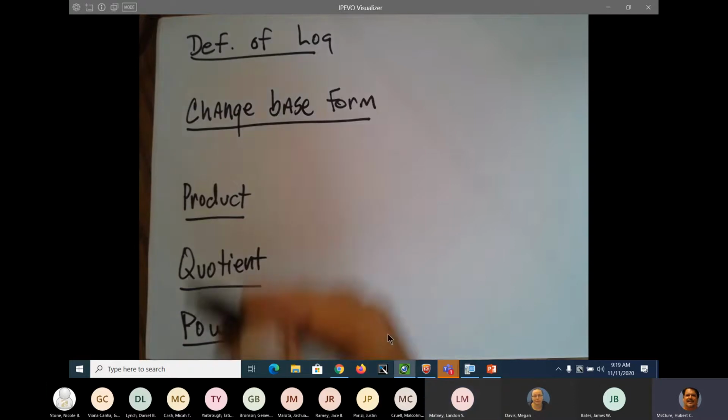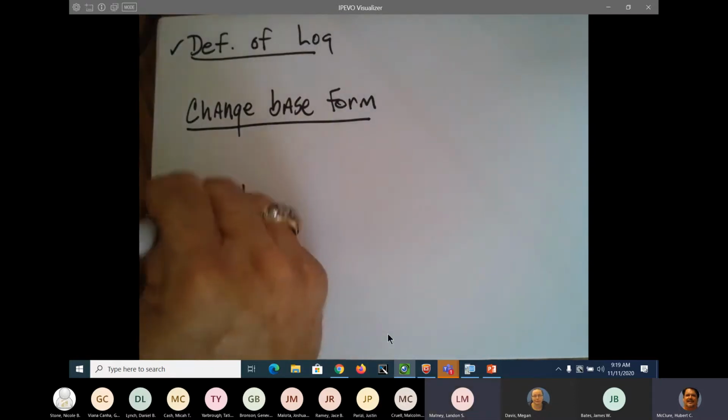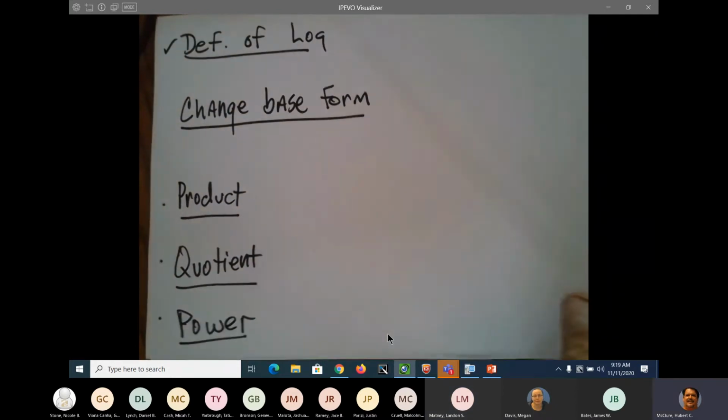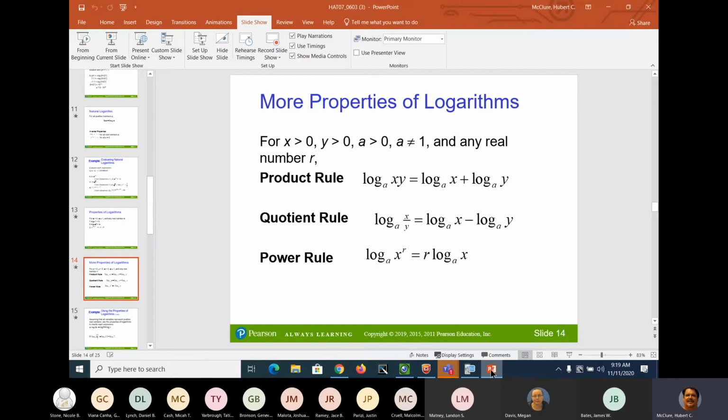So right now we've covered the definition of a logarithm. Now we're going to cover these three right here. Okay. So with that being said, I'm going to give y'all one more chance to write these down. There they are right there. The product rule, the quotient rule, and the power rule. And we're going to do an example just as soon as I get rid of this.